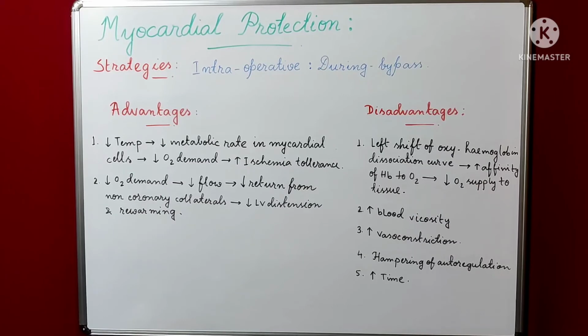Next, as the vascular tone is changed due to hypothermia, it will hamper the autoregulation of our different systems, and it will also hamper the autoregulation of coronary circulation.